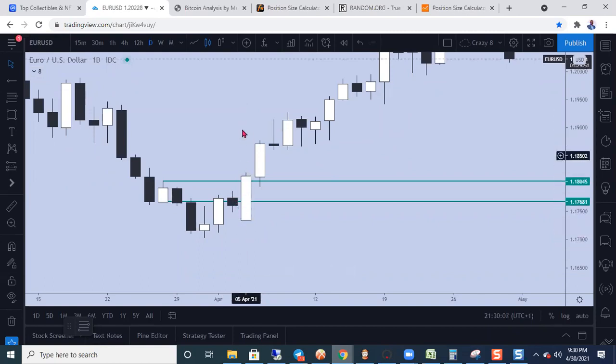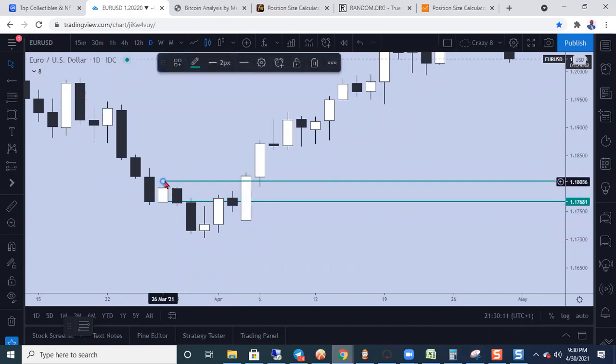Price pushed on to the upside and closed above the wick of this candle. When price closed above the wick of this candle, we say that the momentum has shifted from a sell to a buy.